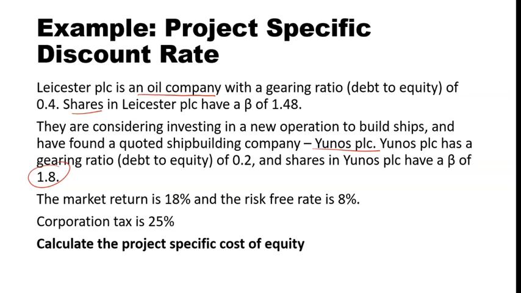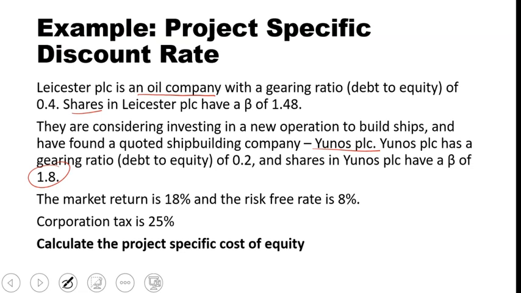So how do we do that? We do the first step of calculating the beta asset. So BA of Yunus is equal to the market value of equity of Yunus.